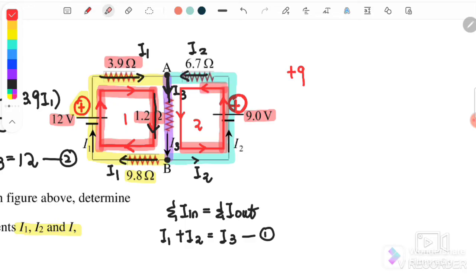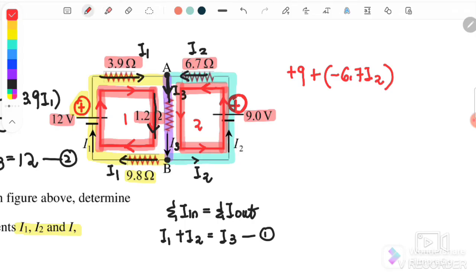Then I pass through the 6.7 ohm resistor. The direction of the loop and the direction of the current are the same, so I substitute positive, and minus 6.7 I2 because I2 passes through the 6.7 ohm resistor. Then we go down and pass through 1.2 ohm.